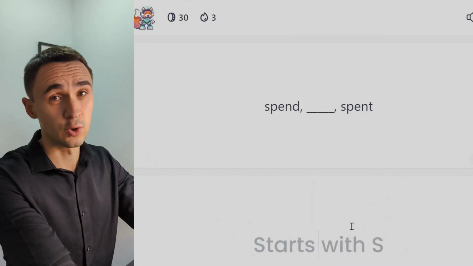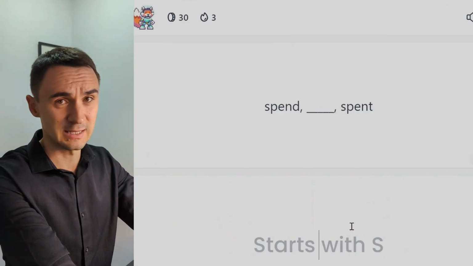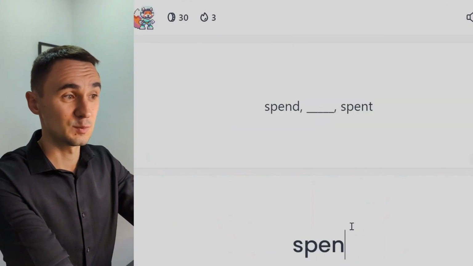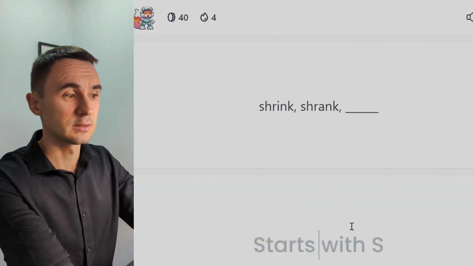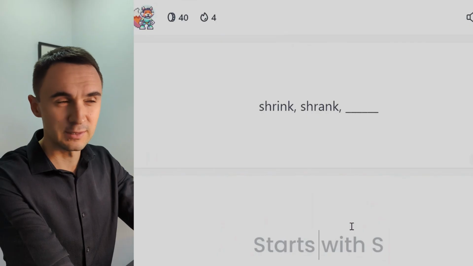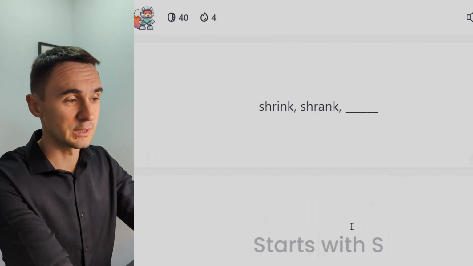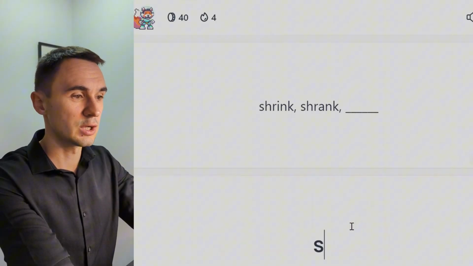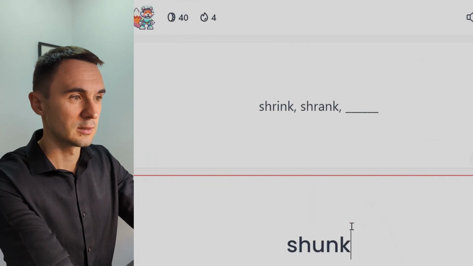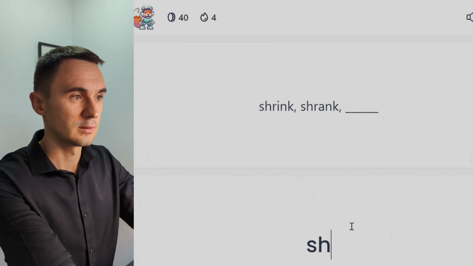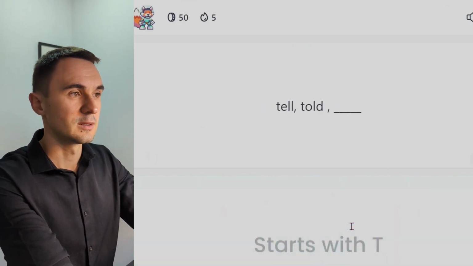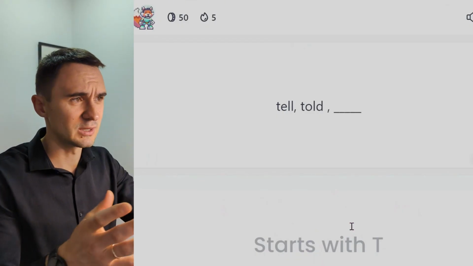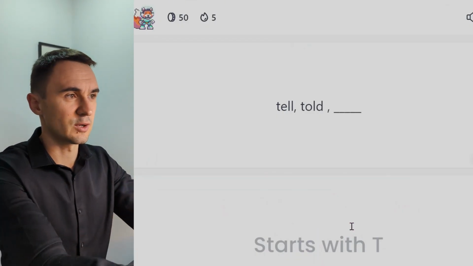If the third form is spent, you've guessed it, the second one will be spent. Spent, okay? Shrink, shrank. You probably can see the pattern, yeah? I, A, and then will be U. So it's shrunk. Shrank. Sorry, I made a mistake there. Yeah, I have to be very careful when I type because I didn't type correctly.